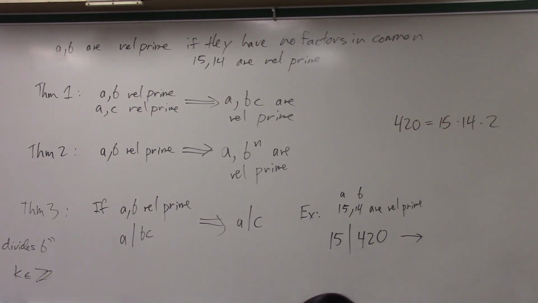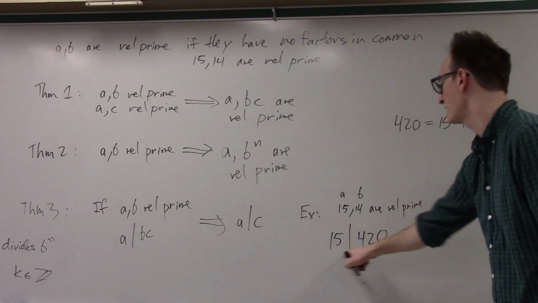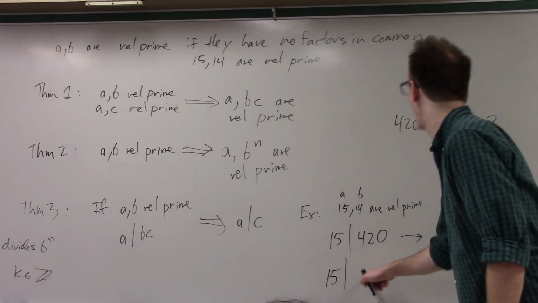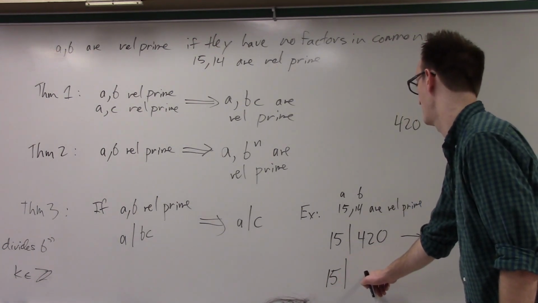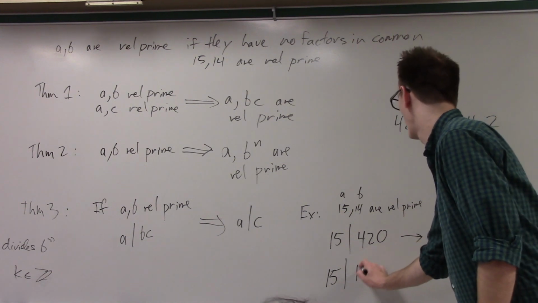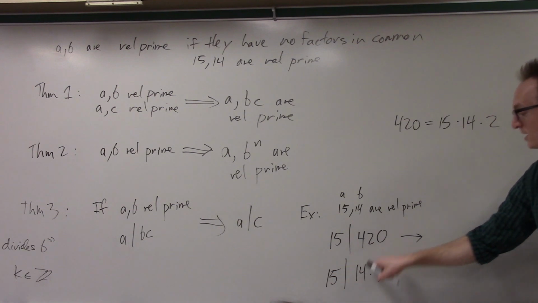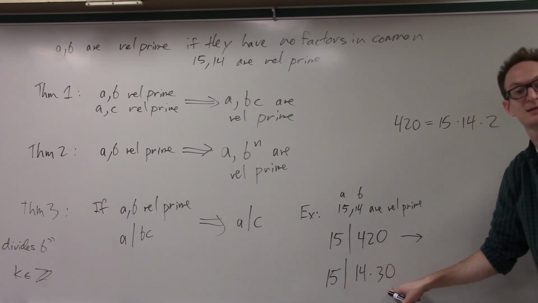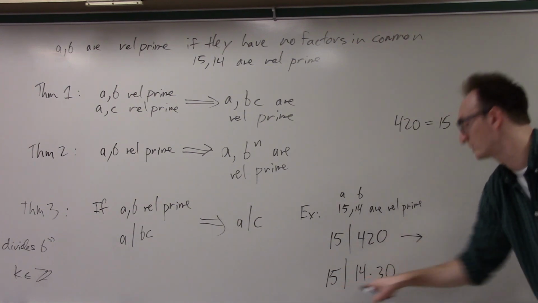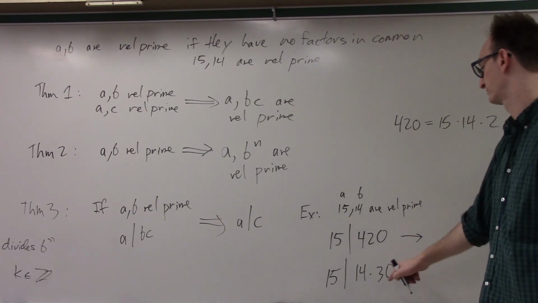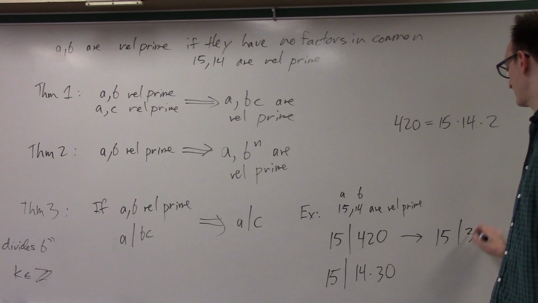Is that true? Yeah, 30. Okay, so if 15 goes into this number 420, which is after all 14 times 30, then the 14 part of 420 is not helping me get into 420 at all, right? It's only the 30 part. So my conclusion from this is that 15 divides 30. Okay, thank you, Rancho.